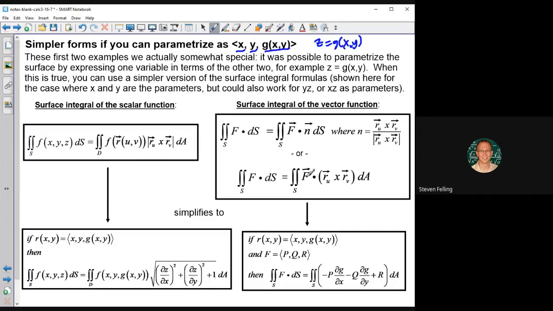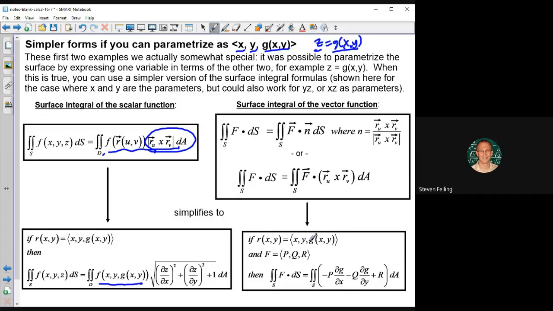Although I'm going to show this without much derivation, you go through all these calculations, and the scalar integrand stays the same, but the surface element simplifies to the square root of the partial derivative of z with respect to x squared plus the partial derivative of z with respect to y squared plus 1. So this is a simpler form you can use if you can parameterize z as a function of x and y.